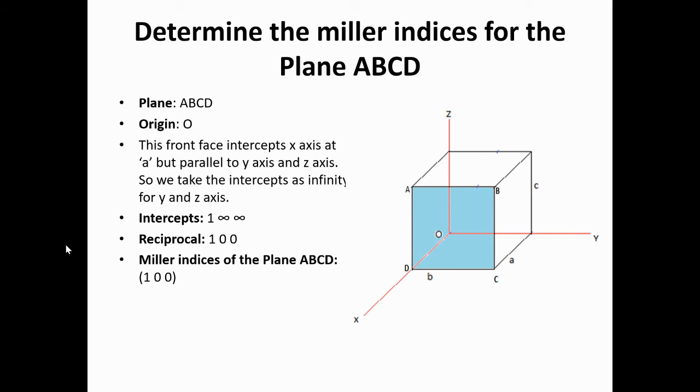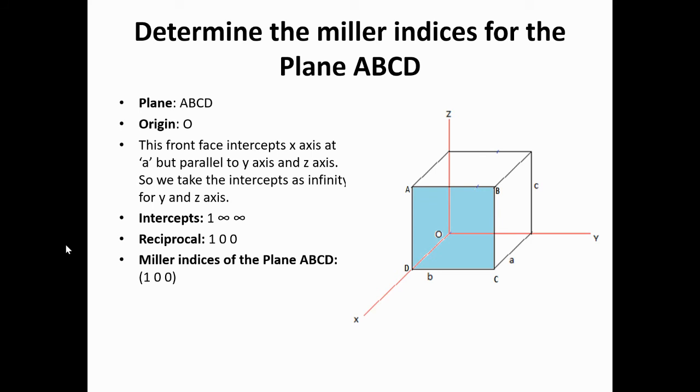Okay, so here is another example. You have to determine the Miller indices for this plane ABCD. So the plane is ABCD, and we choose the origin in the back corner, that is O. This front face intercepts the x-axis at A but is parallel to the y-axis and z-axis, right?